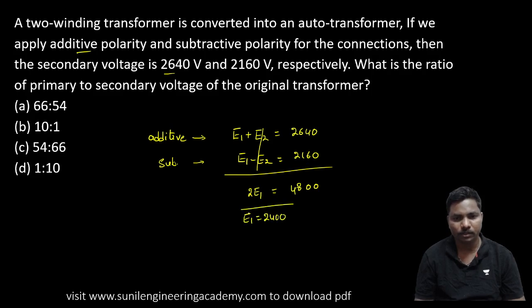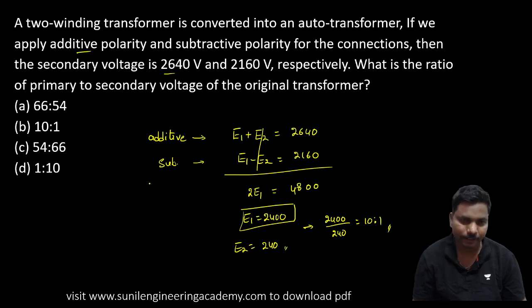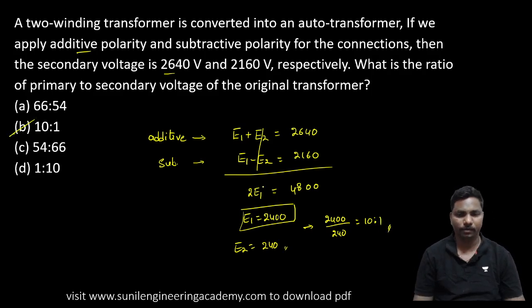If E1 is equal to 2400, what about E2? 240, okay, E2 is 240. So what is the ratio of their primary and secondary? 2400 by 240, that is 10 is to 1. So the answer is option B.